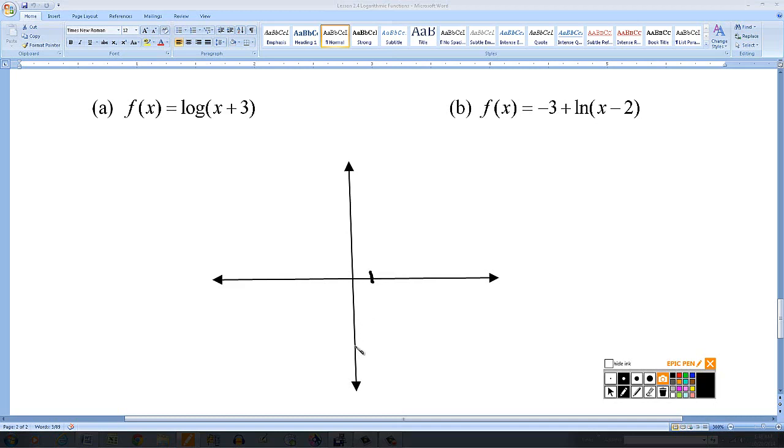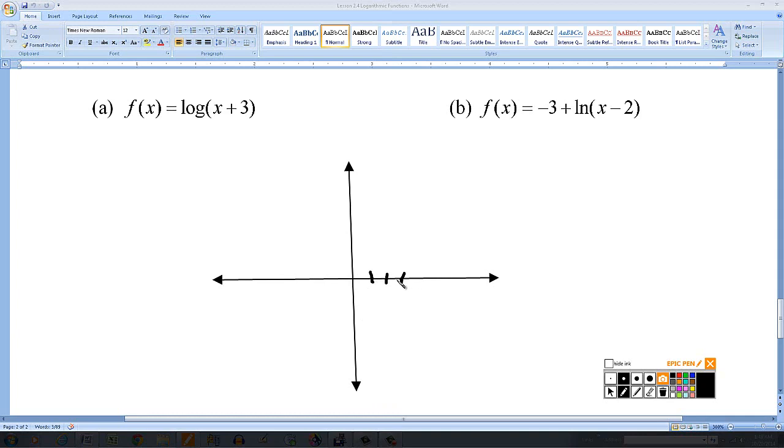But the x minus 2 shifts it over 2 units. If I didn't have this minus 3, the graph would pass through the point 3, 0. You can check it: 3 minus 2 is 1, and the log of 1 to base e is 0.